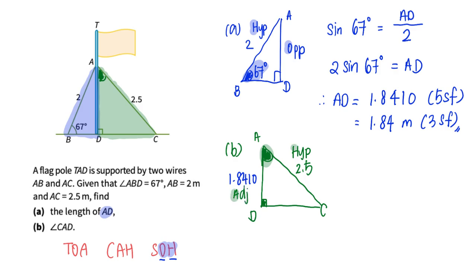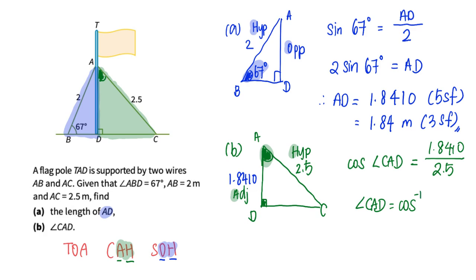And with A and H, I am going to tap on the cosine ratio to help us find angle CAD. So angle CAD will be equal to A over H. In this case, 1.841 over 2.5. And therefore, angle CAD is equal to the cosine inverse of this ratio.